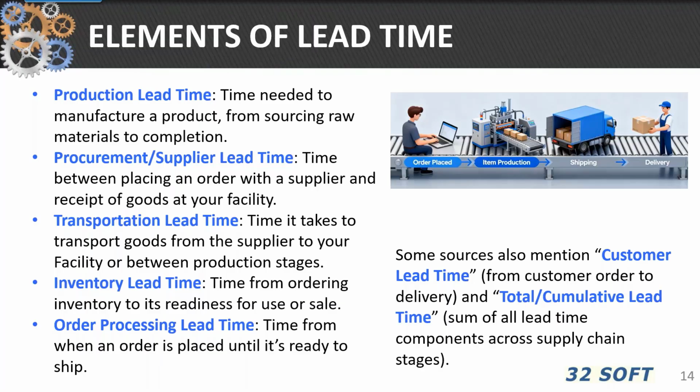Some sources mention customer lead time and total cumulative lead time. Each must be planned, documented, measured, and adjusted as required, most probably on a periodic basis, and not like most of us do, just set it once a quarter or once a year. It's a dynamic value that needs to be measured and planned.